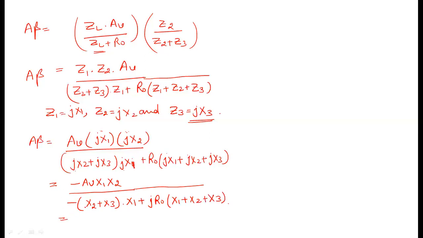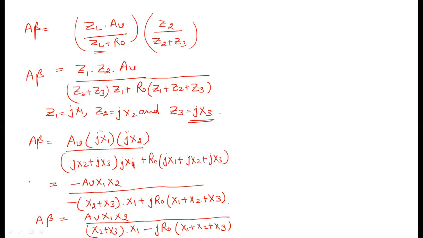Now multiplying the minus sign in numerator and denominator, we have AV X1 X2 divided by X2 plus X3 into X1 minus J R naught into X1 plus X2 plus X3. Okay, and this is equal to A beta.